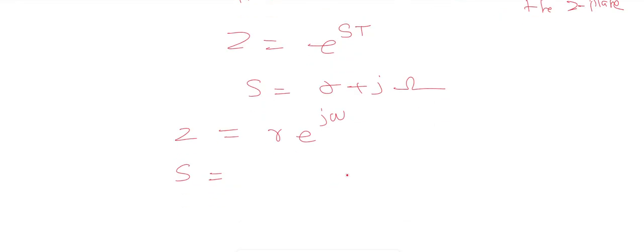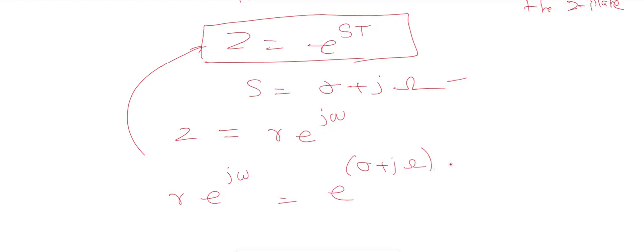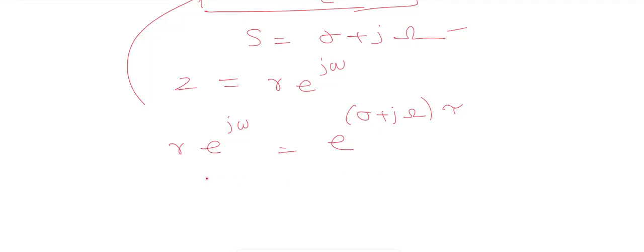So r into e power j omega is equal to e power sigma plus j omega, into T. You can expand this as e power sigma T into e power j omega T, where capital T is the sampling period.